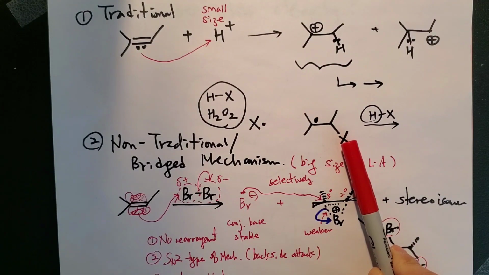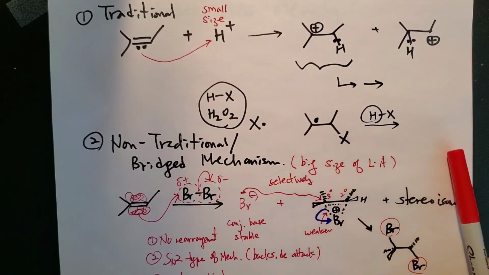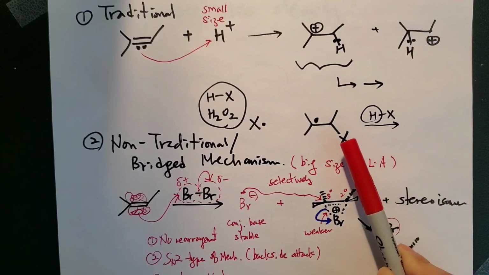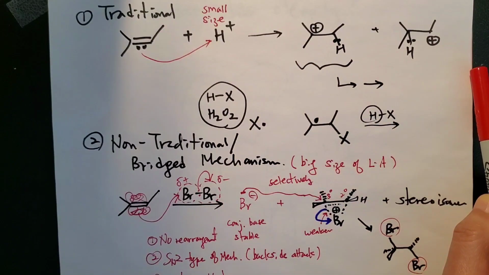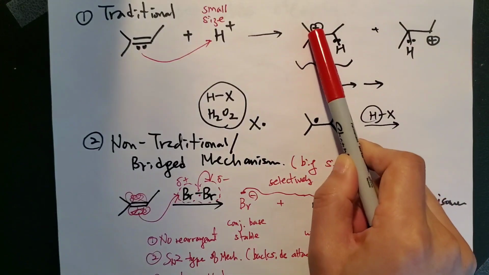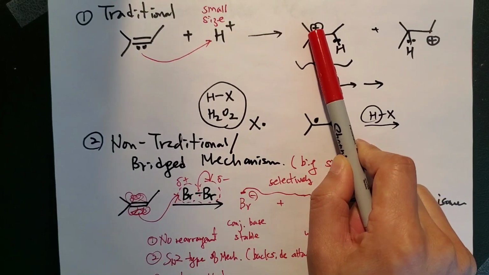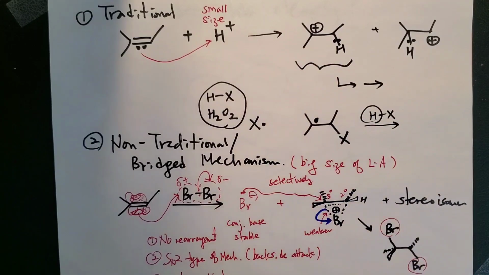So you call that anti-Markovnikov addition if the nucleophile ended up bonding with a less substituted carbon, or Markovnikov addition if the nucleophile comes into the more stable carbocation and forms a bond with the carbon that has more substitution.